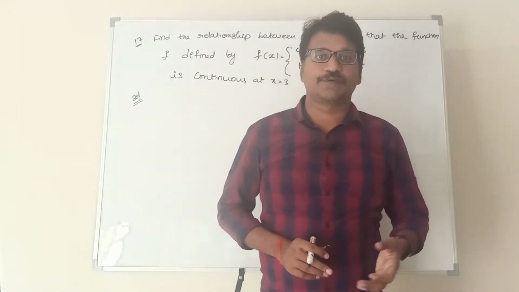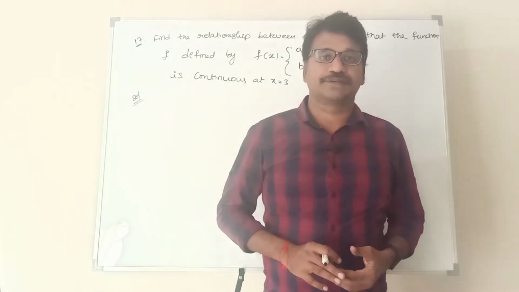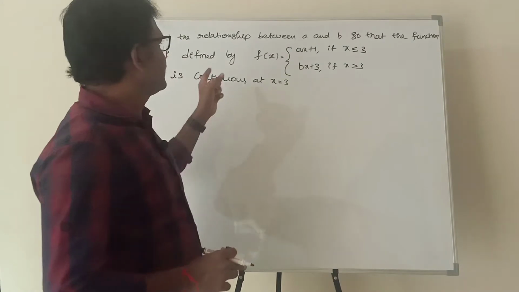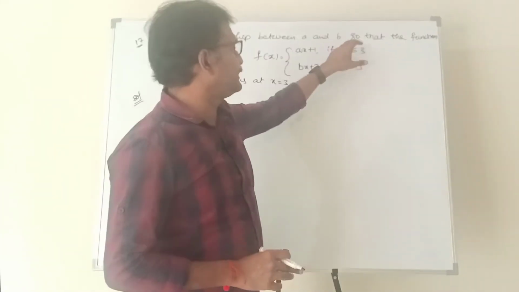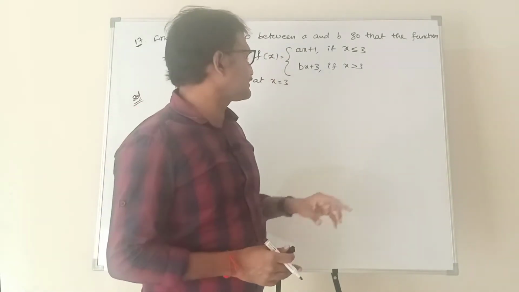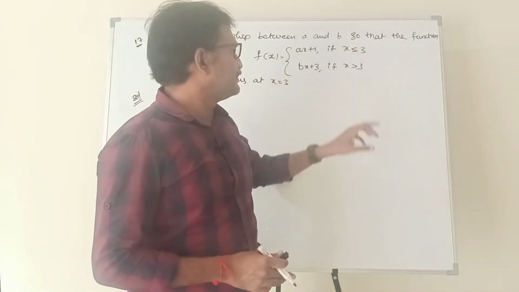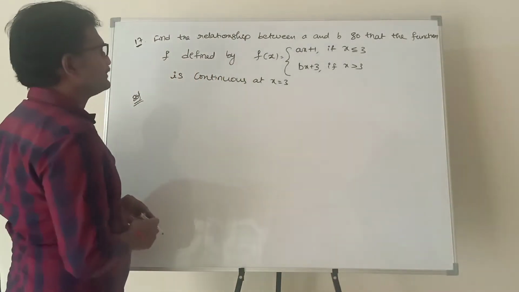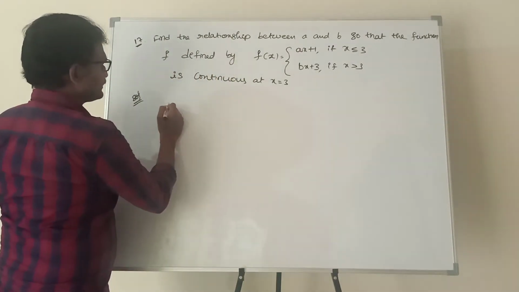We're going to discuss exercise 5.1, continuity, 17th problem. Find the relationship between a and b so that the function defined by f of x equal to ax plus 1 if x is less than 3, bx plus 3 if x is greater than 3, is continuous at x equal to 3. So what is the given function?